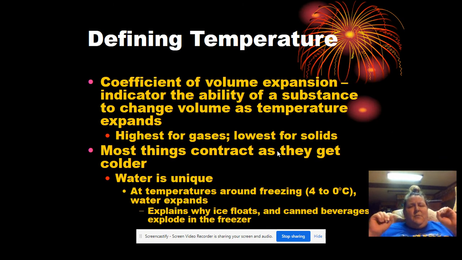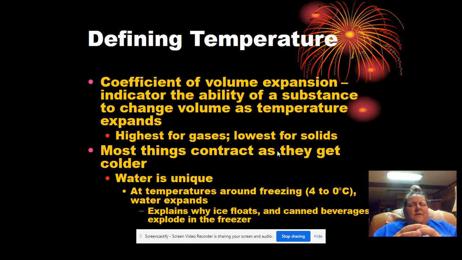We'll come back to the thermometer in a minute. How much the object, the gas, the liquid, whatever it is, can expand and contract is given a coefficient, the coefficient of volume expansion.